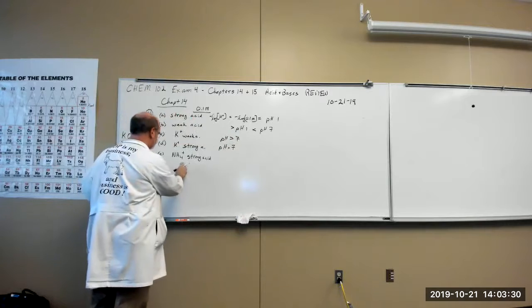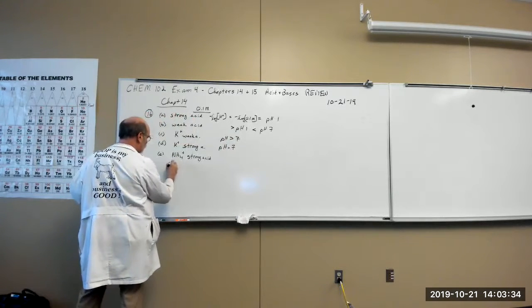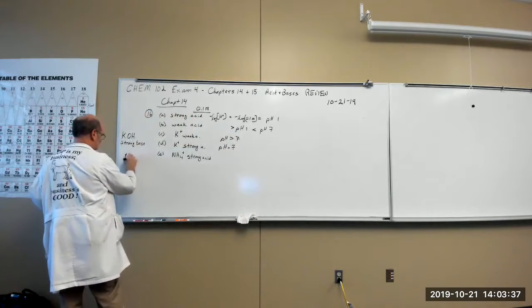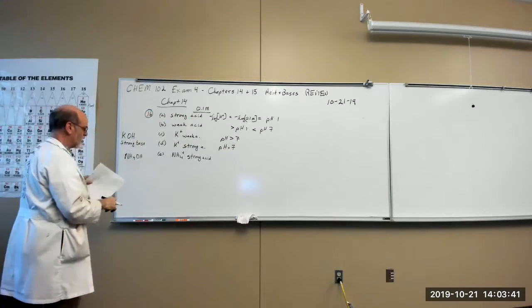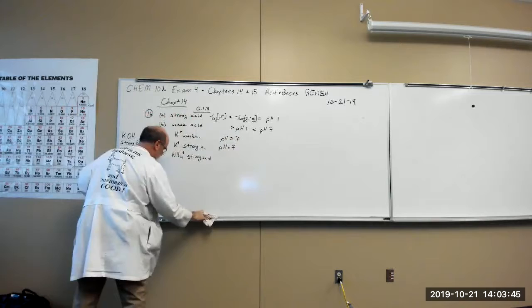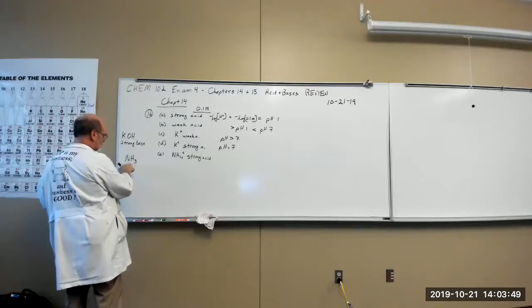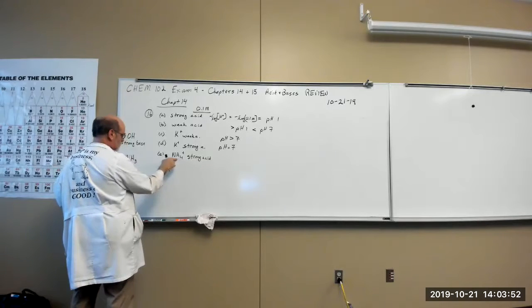And how about this one? This one comes from a weak base, right? That's a weak base. Well, actually, that's not right. It comes from this one. That's the weak base that forms this acid.